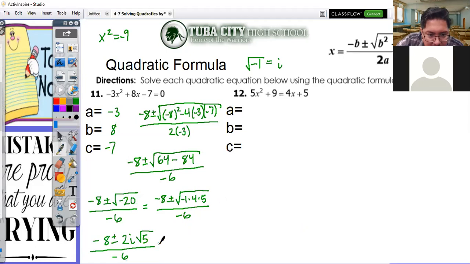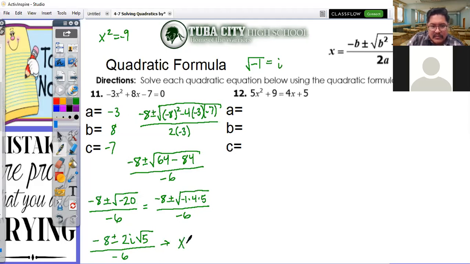All right, and now let's go ahead and reduce this as much as we can. Now I can't reduce it all the way, because I can divide all of them by 2, but it's not going to cancel the bottom number out. So I'm going to just write my answer here.